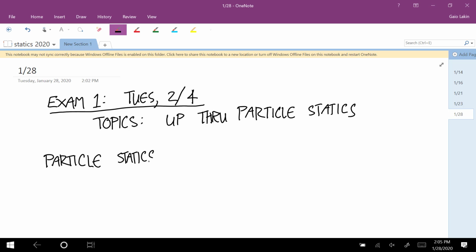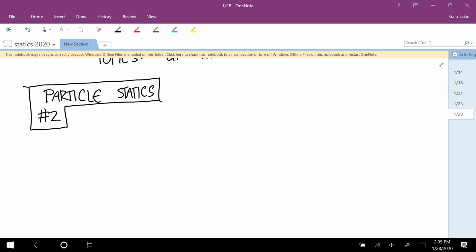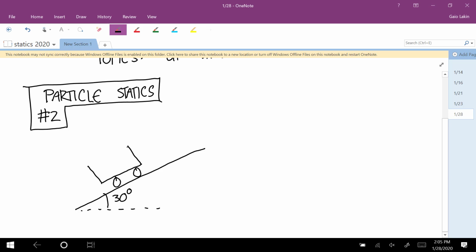Okay, so particle statics, number 2. Okay, so this one, there's an incline that makes an angle of 30 degrees with the horizontal. Yeah, so now you get to relive all the fun. I think this is the one where, okay, yeah.